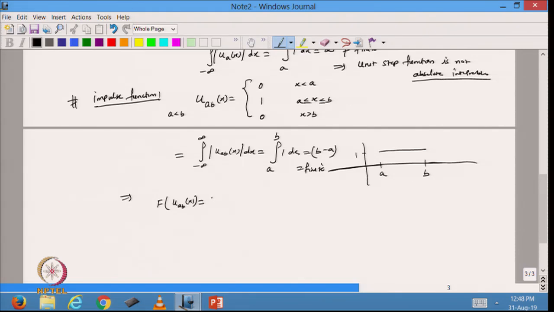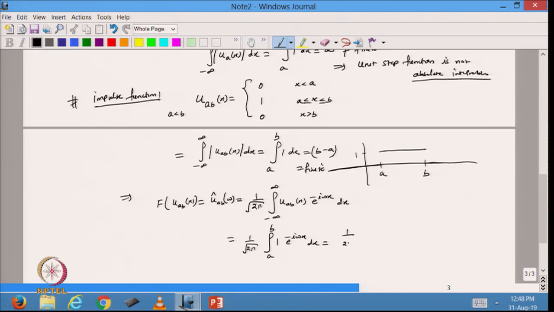So, this is my u_ab hat of omega. This is equal to 1 over the square root of 2 pi, times the integral from minus infinity to infinity of u_ab(x) e raised to power minus i omega x dx. Since the value is 0 otherwise, it will be only from a to b, so it is the integral of e raised to power minus i omega x dx.